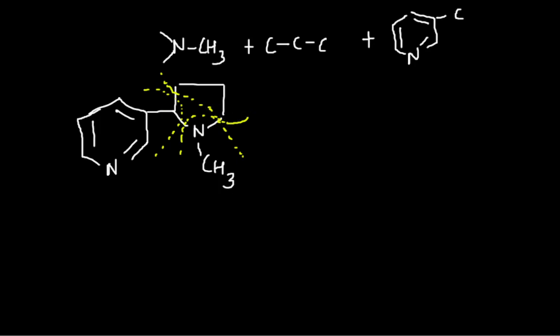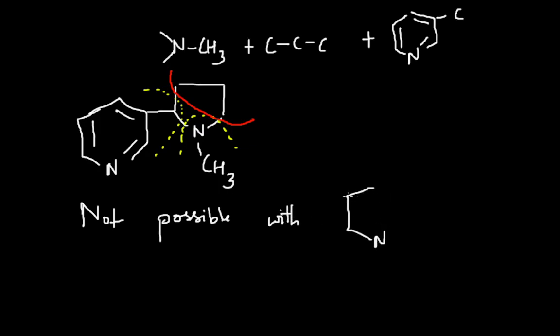Let me change the color here, take red. So your nicotinic acid should have come from here, your malonic acid should have come from here. So this is possible with only this structure. This skeleton is not possible with the other structure.